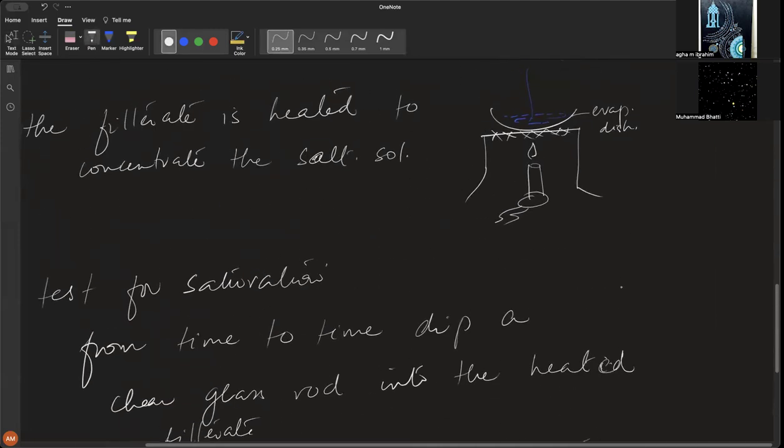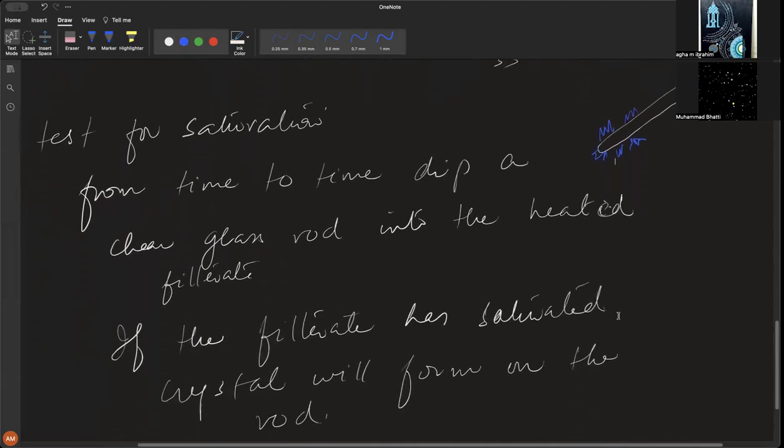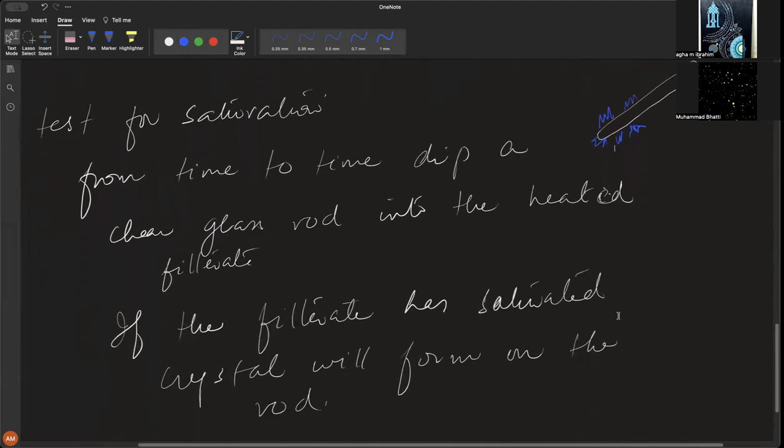Is it making sense? So you dip the glass rod from time to time, and when you bring it out, you will see crystals forming on the glass rod. After a few seconds some crystals form, and this shows that the filtrate has become saturated enough to go into the crystallization process.